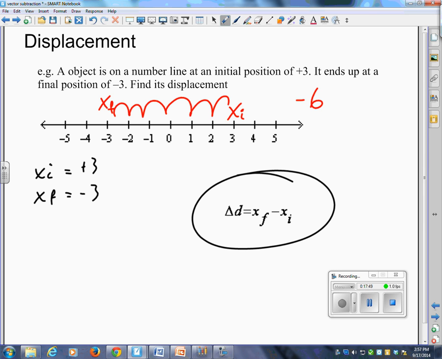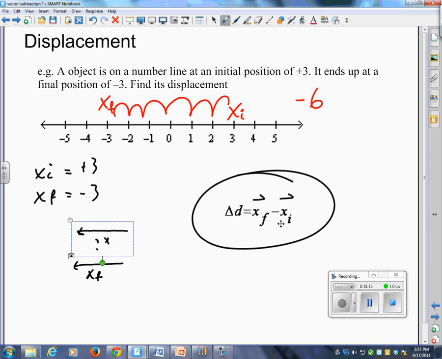Those are vectors. +3 looks like this. That's my xi. xf is -3. But my displacement is final minus initial. So I have to take this one and flip it.